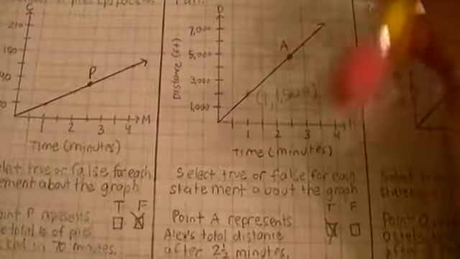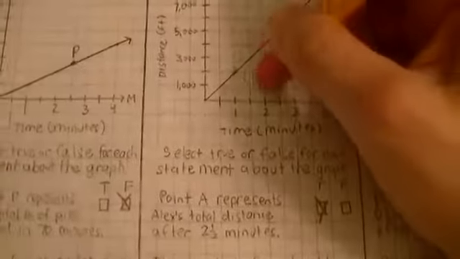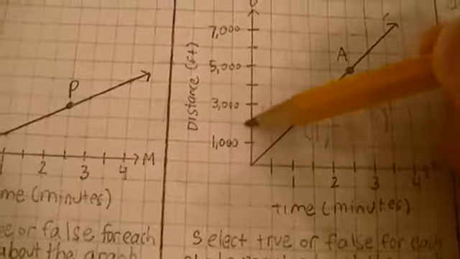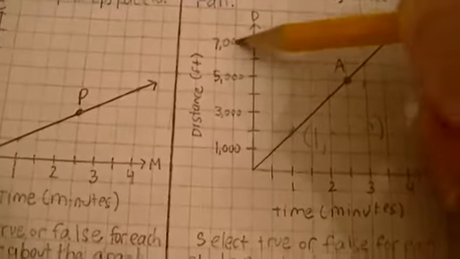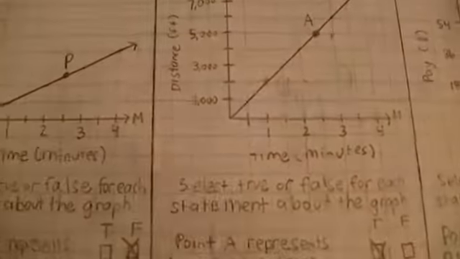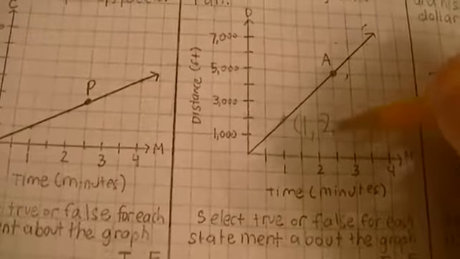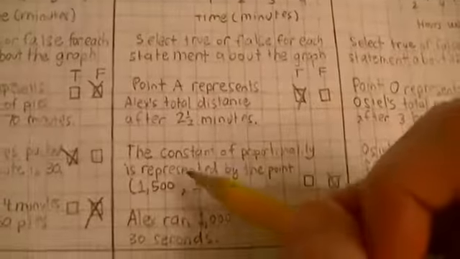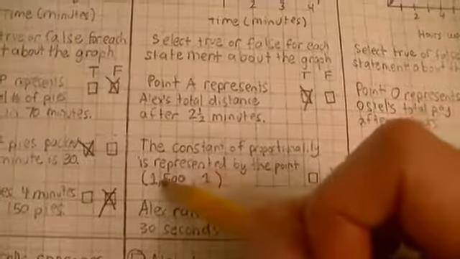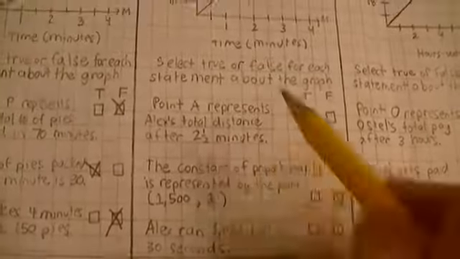That's 2,000. Sorry, because it's counting by 1,000. So it's 1,000, 2,000, 3,000, 4,000, 5,000, 6,000, 7,000. So anyway, the ordered pair that would represent the unit rate is (1, 2,000). So that's way off. It's backwards, and it's not even right, because x goes first and then y.